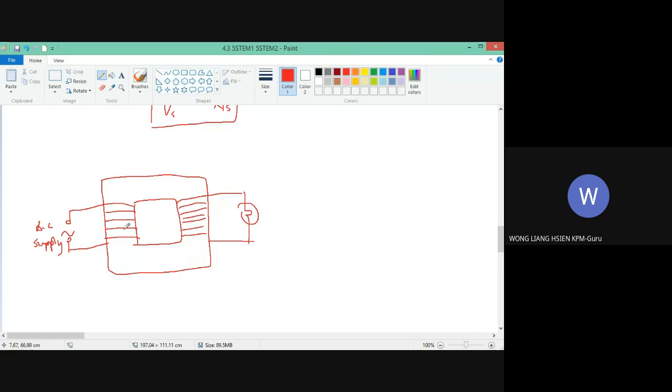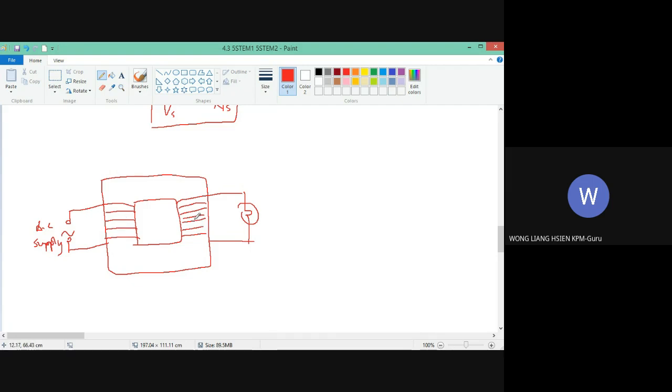Since this coil is connected to the alternating current supply, obviously this is the primary coil, and this one is connected to the load, so obviously this is the secondary coil. The secondary coil has more turns than the primary, so obviously this is a step up.